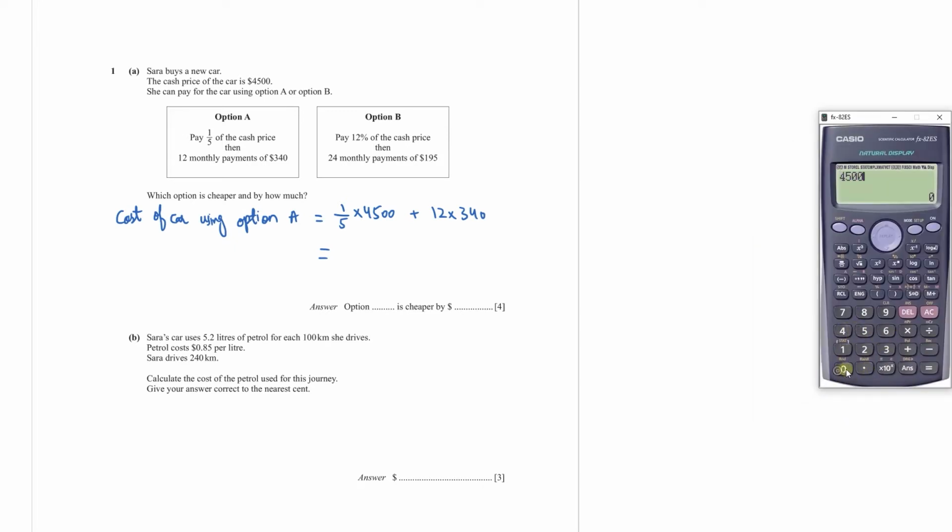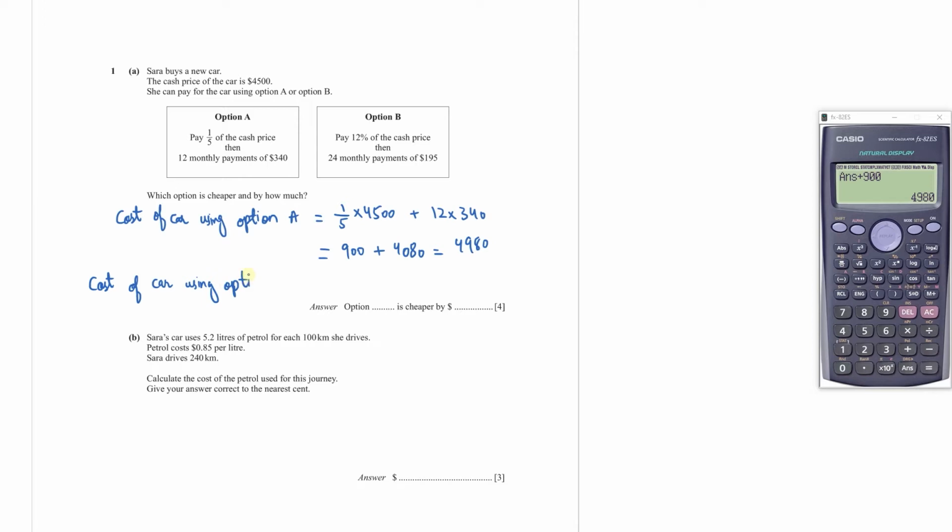So 4,500 divided by 5 will be 900 plus 12 times 340 will be 4,080, and the total cost will be 4,980 using option A.